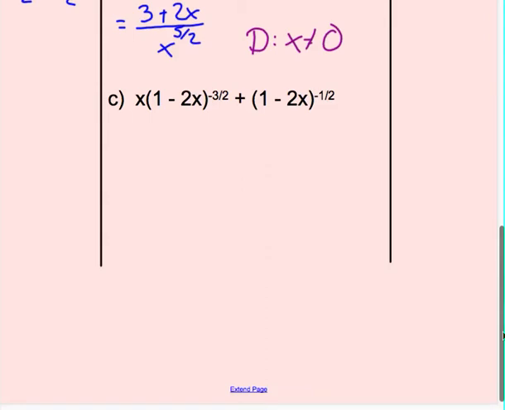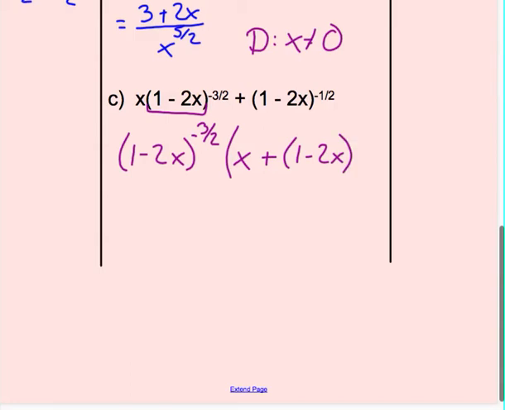All right, one more. It's looking a little bit more complicated, but notice this term is our GCF. We just have to find the smaller power, which in this case is that negative 3 halves. So that leaves us with x on the first term, and on the second term, again, I'll show my work over here, taking negative 1 half minus negative 3 halves, which is, again, 2 halves, or 1.